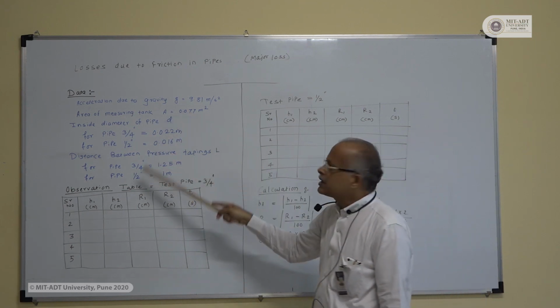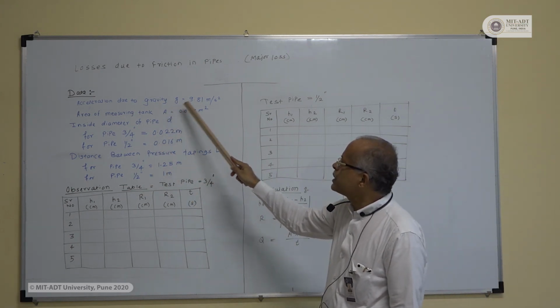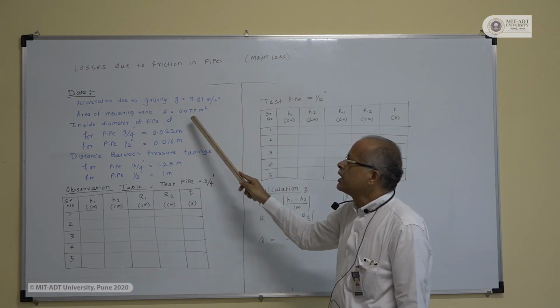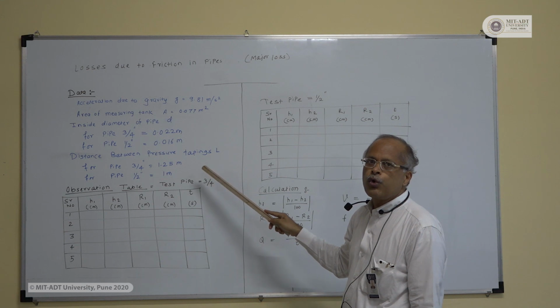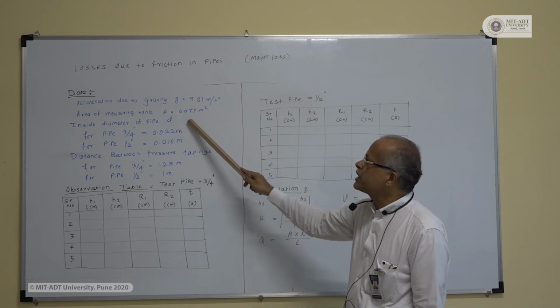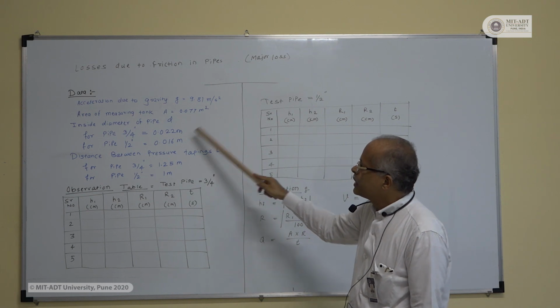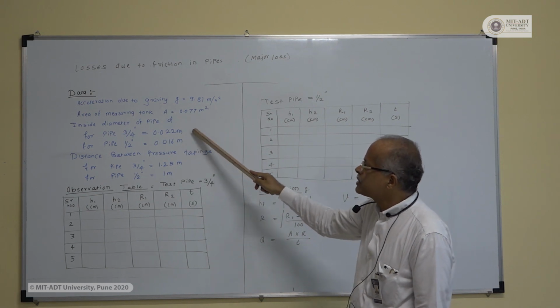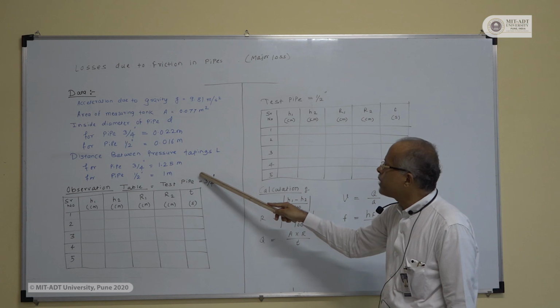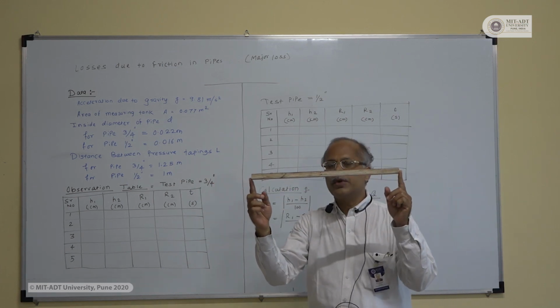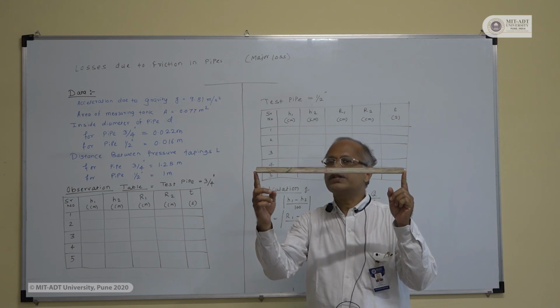The data is, as you know, acceleration due to gravity 9.81 meters per second square. The same procedure is used for flow calculation, where the area of the measuring tank is 0.0677 meters square. These are the pipe diameters and the distance between tappings, because we are measuring pressure loss at two pressure tappings.